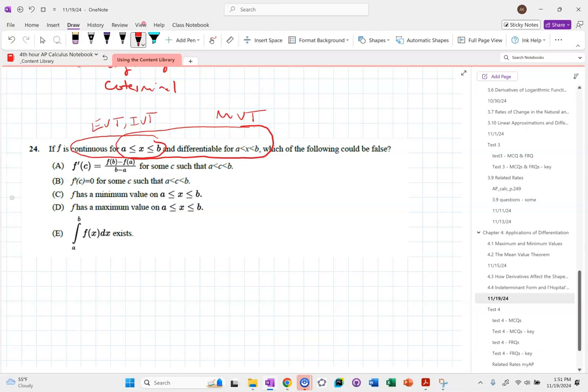So this is the statement for the mean value theorem, so that should be true. This is the condition for the extreme value theorem, as is this one.